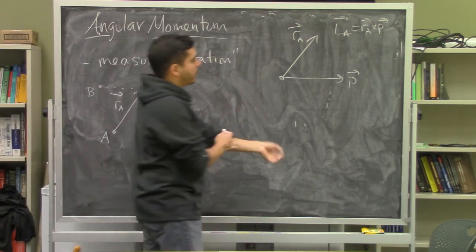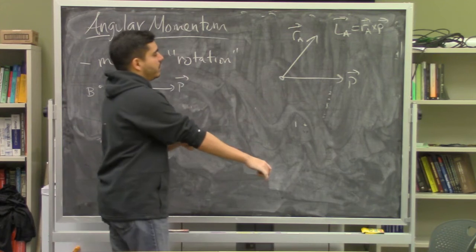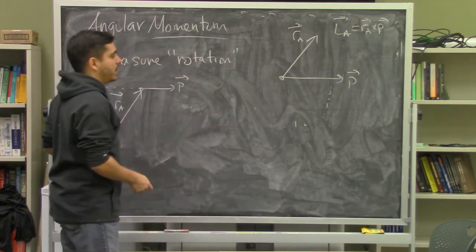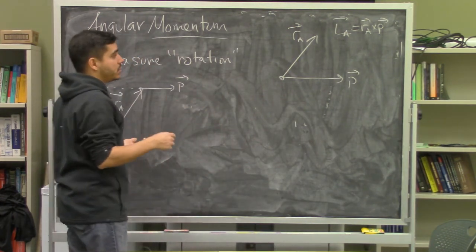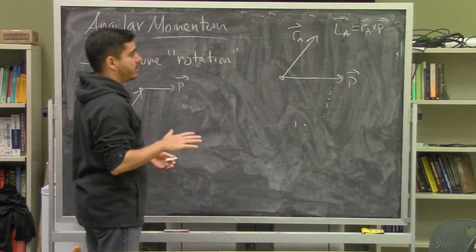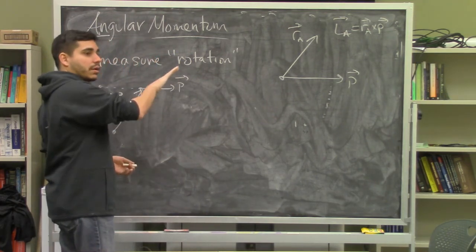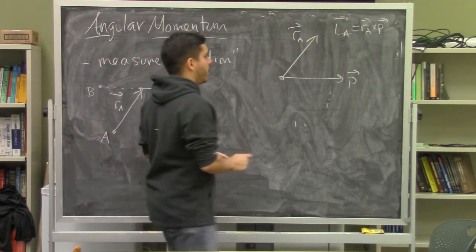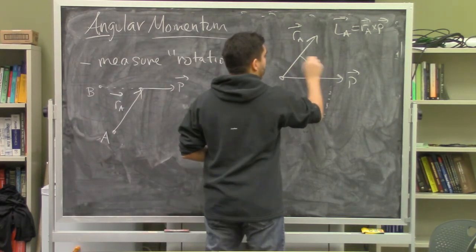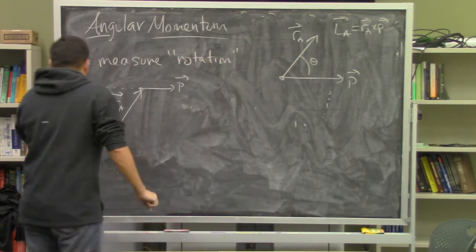And so all the stuff that we're going to be doing is in the plane like this. And so the angular momentum vector will again be out of the page or into the page. But now we have a slightly different situation. We're going to pay attention to r and curl our fingers into p to calculate the angular momentum.